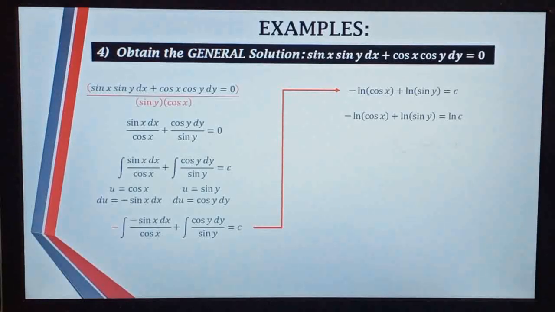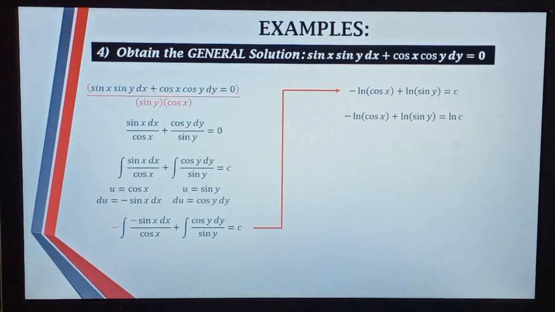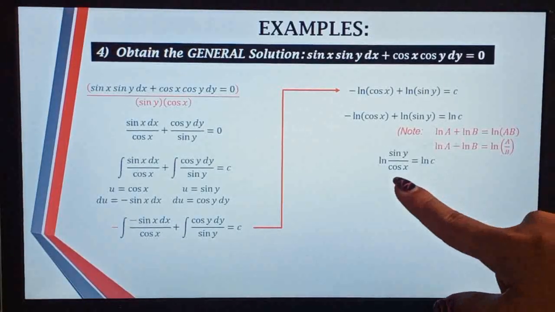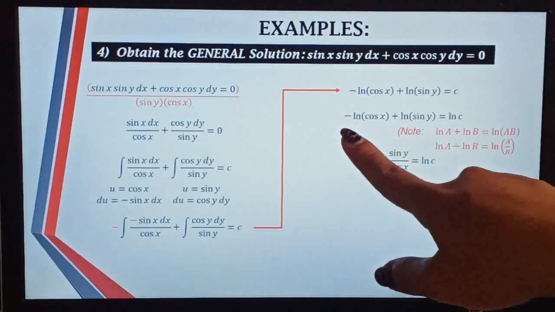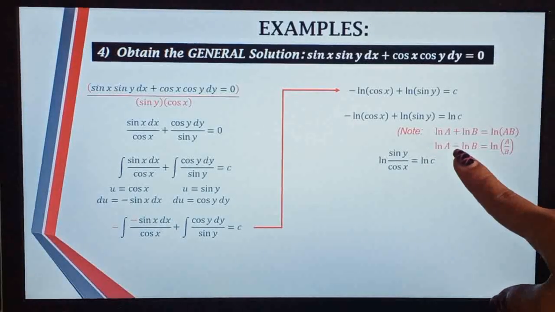Then, pwede nating palitan ulit si c ng ln of c para ma-simplify natin yung equation. So, noted again, this formula, pwede natin itong pagsamahin. You have the positive, then the negative. So, this falls under the difference of the natural logarithms.